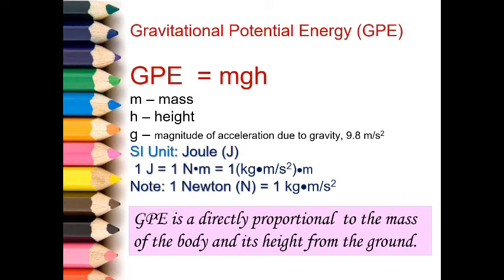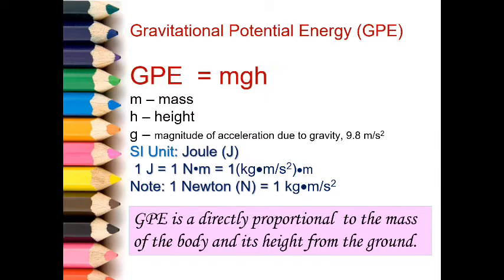Gravitational potential energy, in symbols GPE, is equal to m times g times h, where m is equal to mass, h is equal to height, and g is equal to the magnitude of acceleration due to gravity, which is 9.8 meters per second squared.